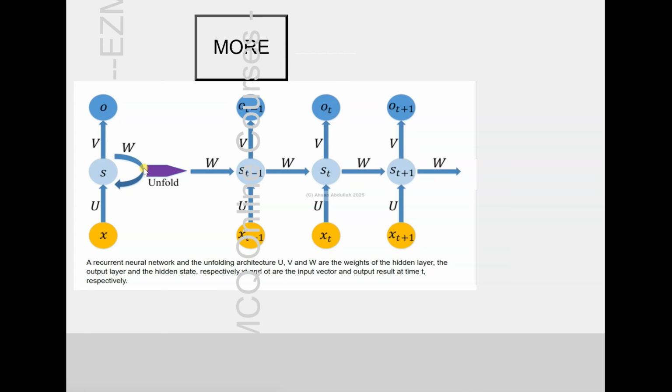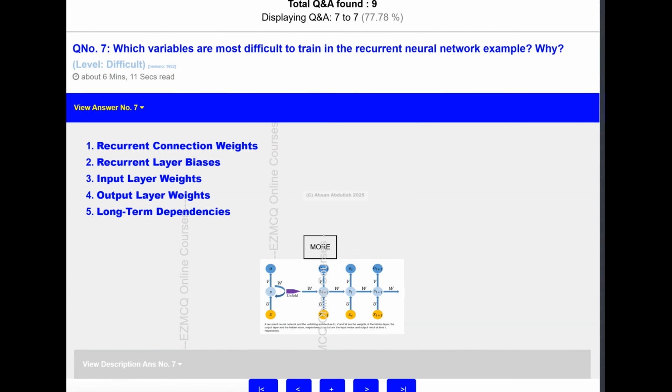And of course we need to take into consideration some background. In RNNs, in the context of deep reinforcement learning, certain variables are inherently more difficult to train, because this is recurrent neural networks and the gradients are propagating through time.